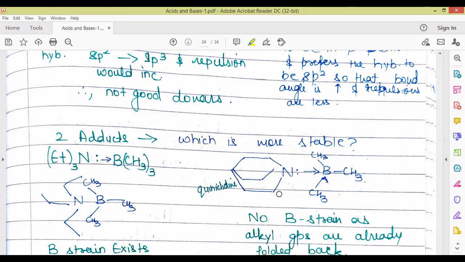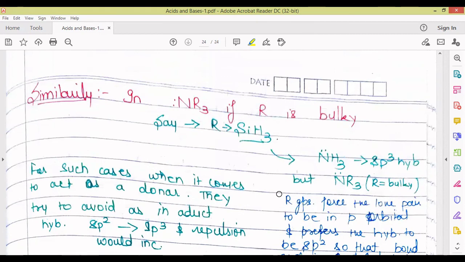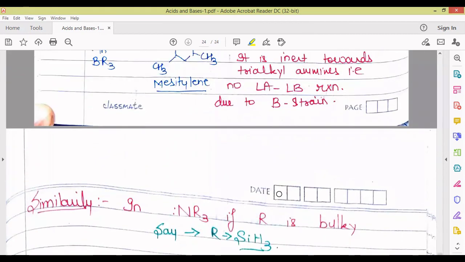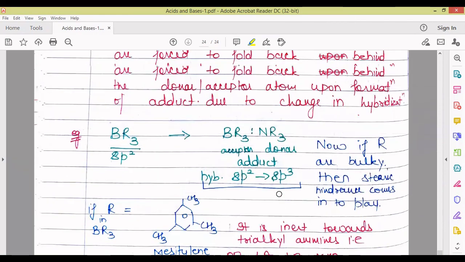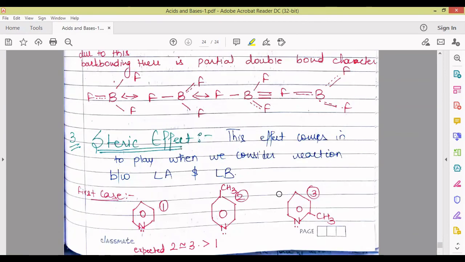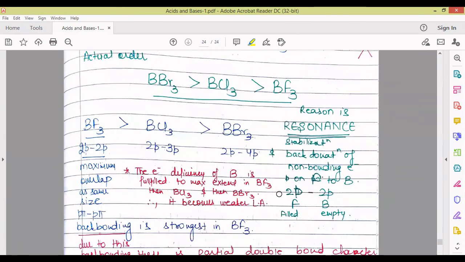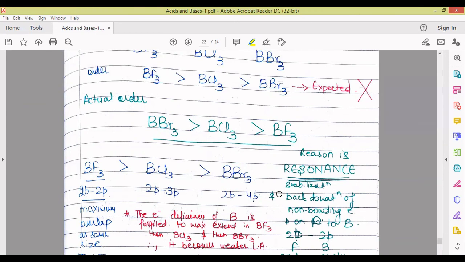So this was all about front strain and back strain and the Lewis acid-base character, how acidic strength and basic strength vary in Lewis acids and bases based upon the inductive effect, the steric effect, and the third one was resonance, which we discussed. All these cases which we have discussed are very important from the examination point of view.